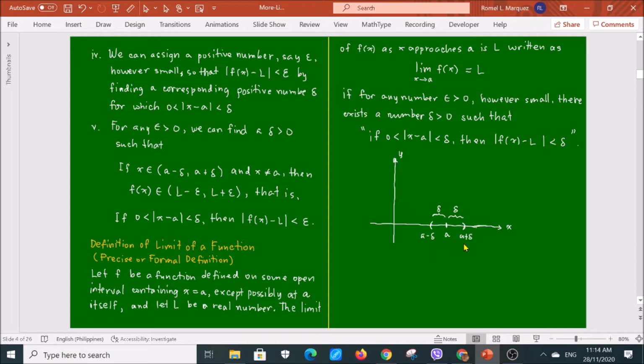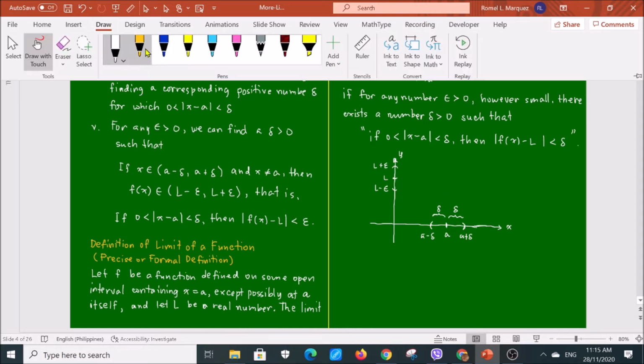Corresponding to this, let's say this is L. There is also an interval containing L such that at the upper end we have L plus epsilon, and here L minus epsilon. These numbers L plus epsilon and L minus epsilon are inside the interval, and L is contained in between these two numbers.